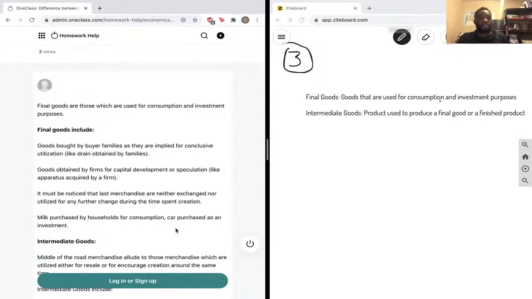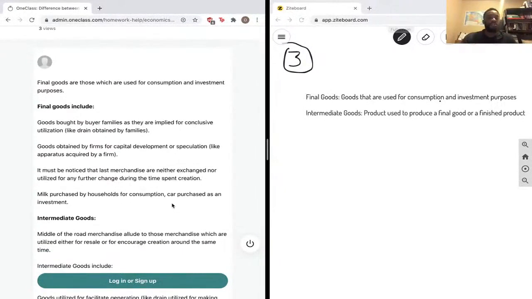It must be noted that final goods are neither resold nor used for further transformation during the process of production. So some examples of final goods are milk purchased by a household for consumption and cars purchased as an investment.